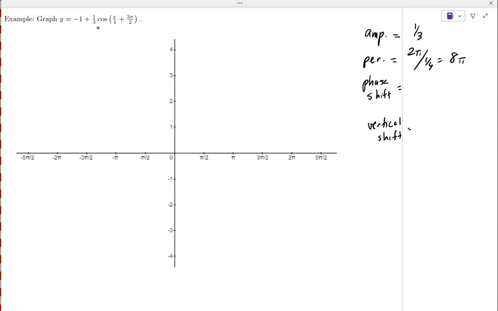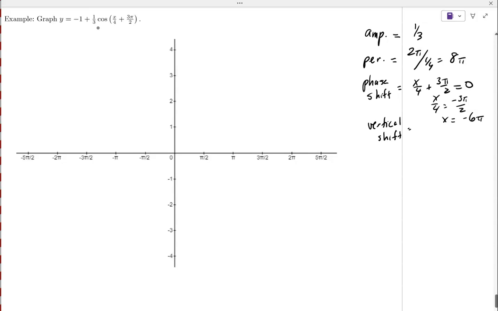What do we do for the phase shift? Good. Yep, set what's inside the parentheses equal to 0. So we'll subtract the 3 pi over 2. And then multiply by 4. So we'll get, what, negative 6 pi.